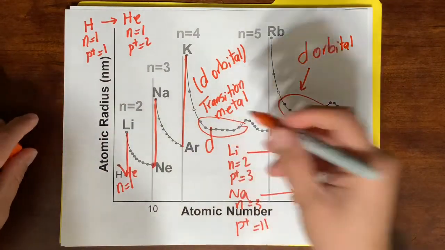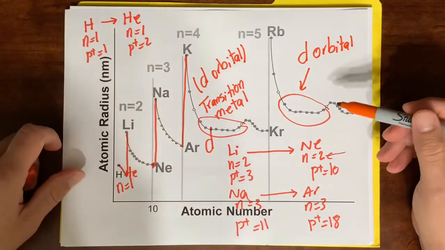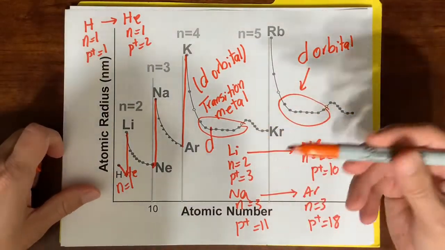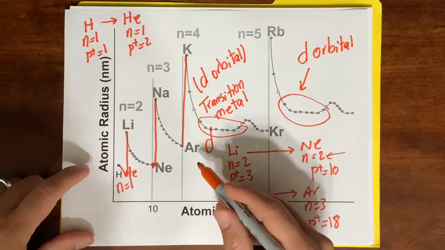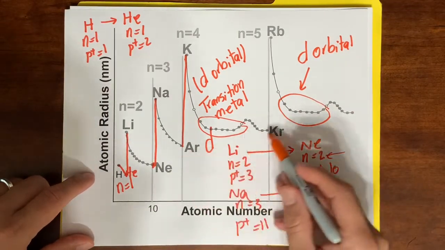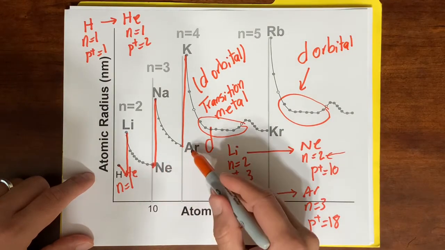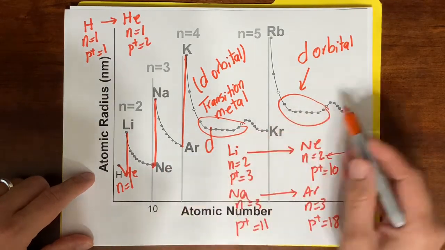Okay, before we talk about the transition metal area, let's check the minimum and maximum points. Minimum size or radius belongs to group 18, the noble gases: helium, neon, argon, krypton, and xenon.